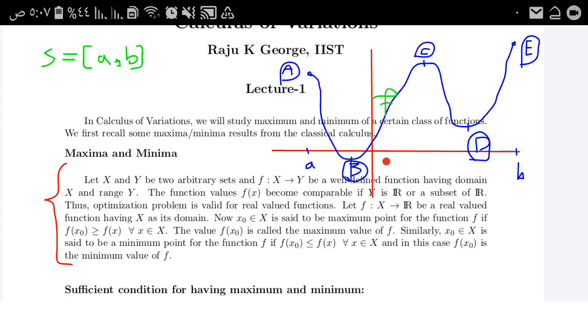And as I told you, the point E is the absolute maximum, and the point B is the absolute minimum. Okay? Any question?